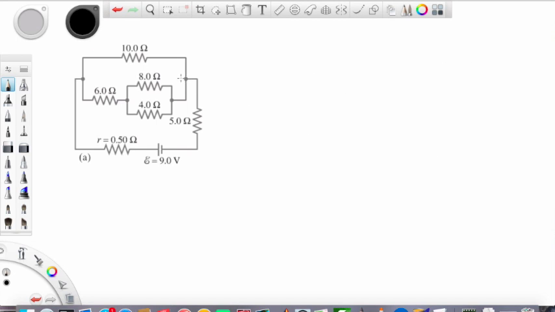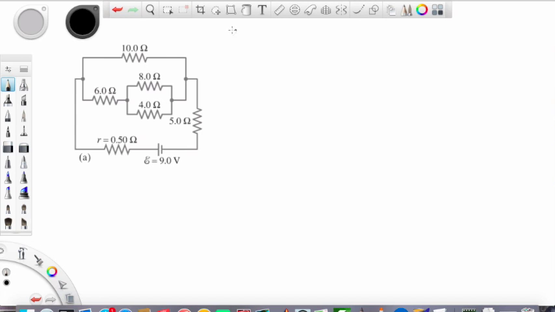Here we have a little bit more complicated case. We are supposed to find the equivalent resistance for the whole circuit. And we'll start solving this piece by piece. So we start from the middle. What is the equivalent of these two? So it's 8 and 4.